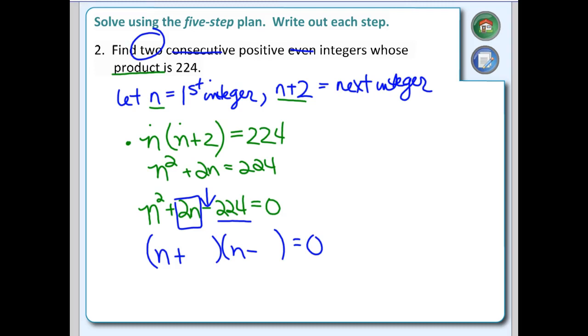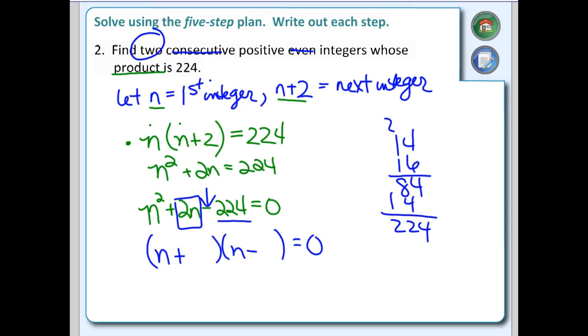They're going to be in the teens. So if you play around with it for a little while, hopefully you would figure out that it would be 14 and 16. If we take 14 times 16, what do we get? 6 times 4, 24, that's 8. And if I add those together, I get 224. So it had to be 14 and 16.